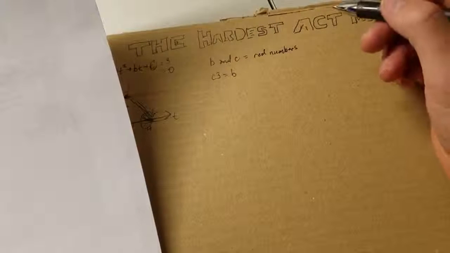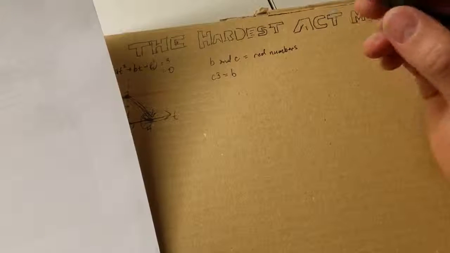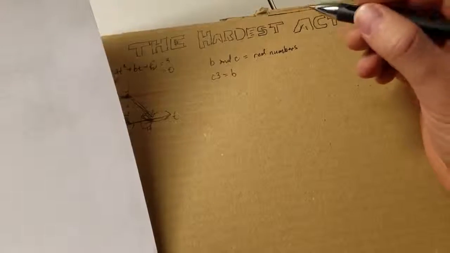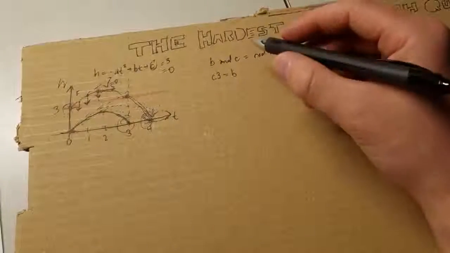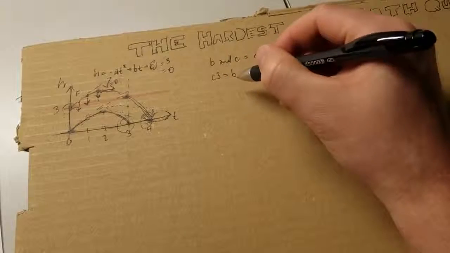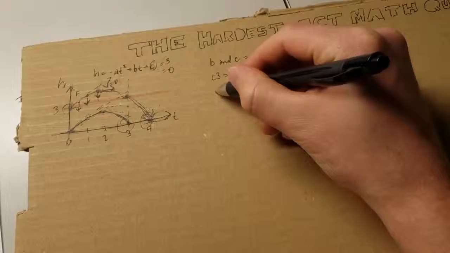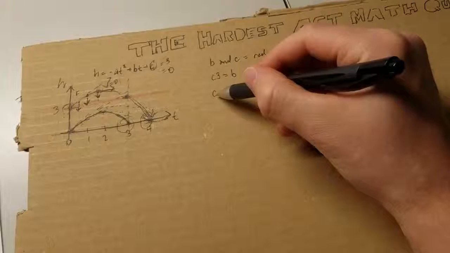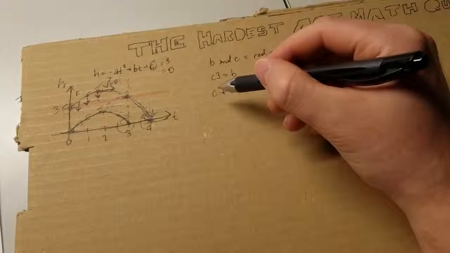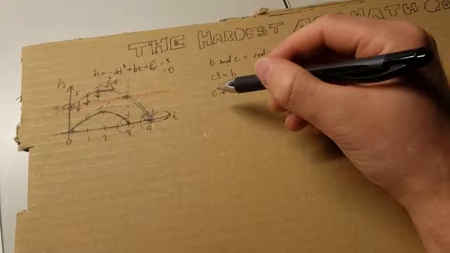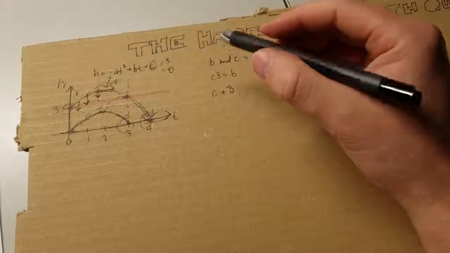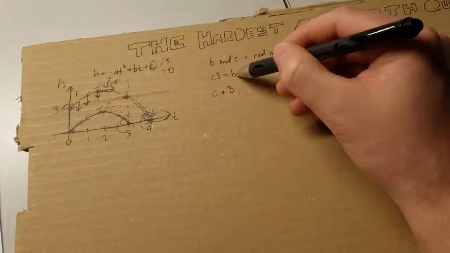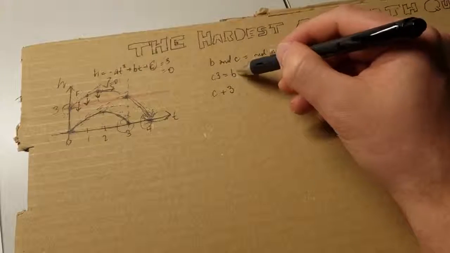Which of the following expressions represents the sum of c and 3 in terms of b? So we want to know what c plus 3 is, but we don't want to use the variable c. We want to use only numbers and b.